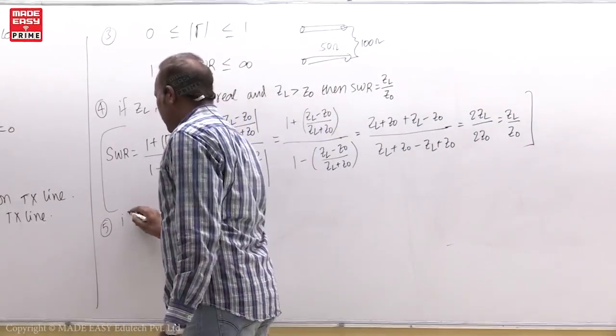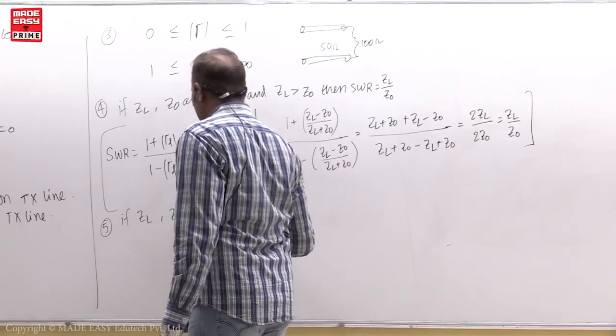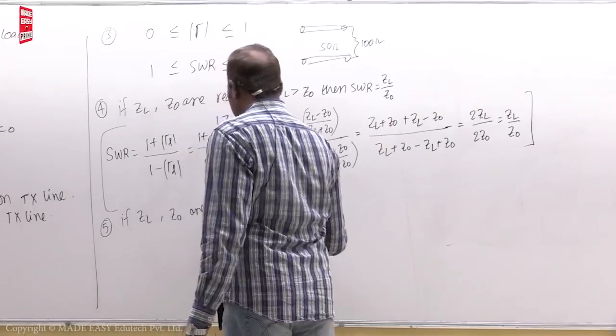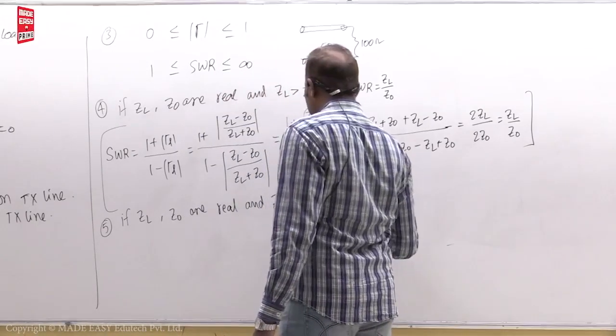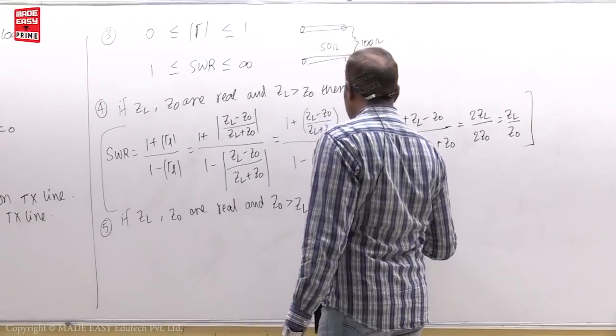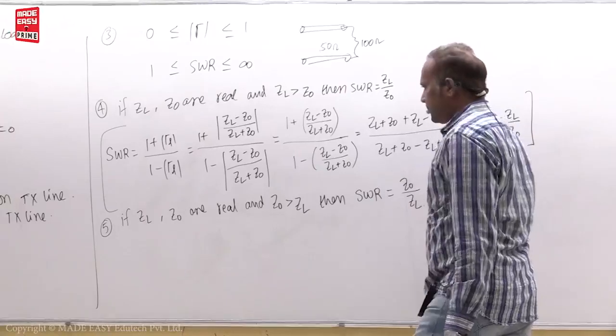Similarly, fifth point, if ZL, Z0 are real and Z0 is greater than ZL. Now the bigger one is Z0, so SWR is equal to bigger one by smaller one.